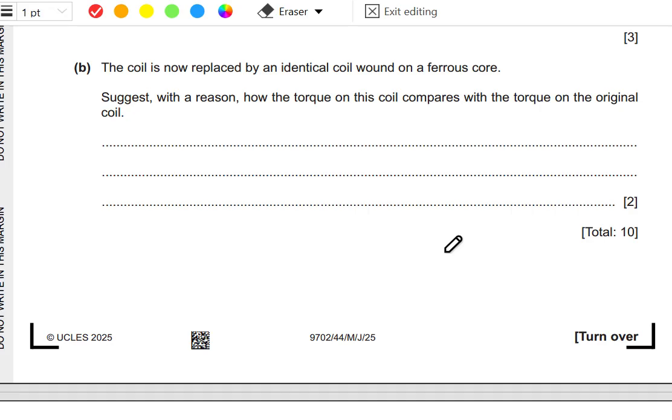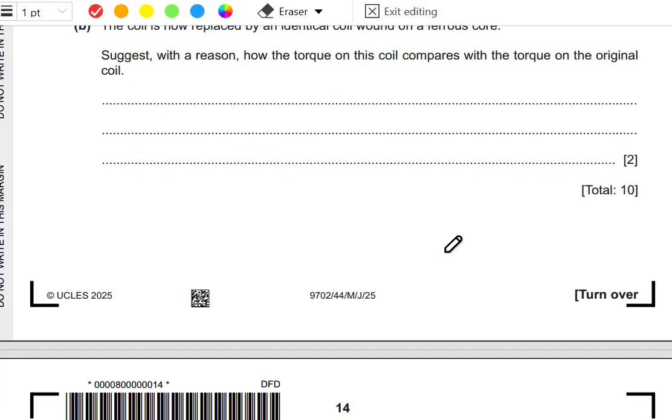The coil is now replaced by an identical coil wound on a ferrous core. Suggest with a reason how the torque on this coil compares with the torque on the original coil. So a ferrous core makes the flux increase, and as flux increases, this will make the torque greater, because torque was force times perpendicular distance.